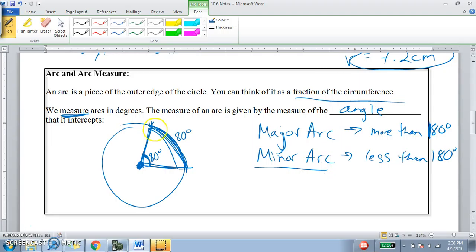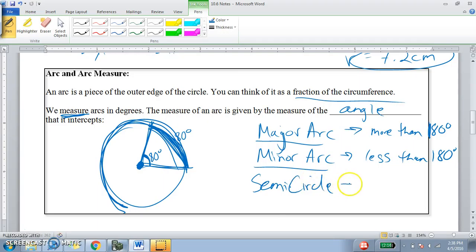A minor arc would be less than half the circle, so this arc right here would be an example of a minor arc. A major arc would be if I went from here all the way over here. This would be called a major arc because it's more than 180 degrees, more than half the circle. If I have exactly half the circle, that's called a semicircle, which you've probably heard before. Exactly 180 degrees, or half of a circle.